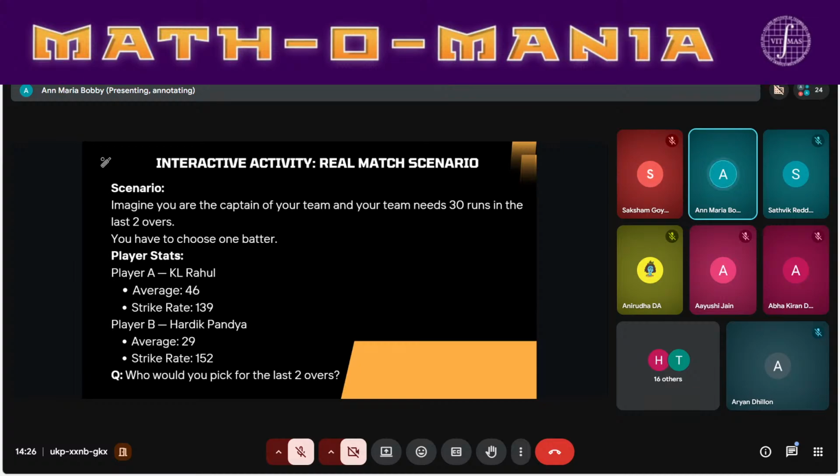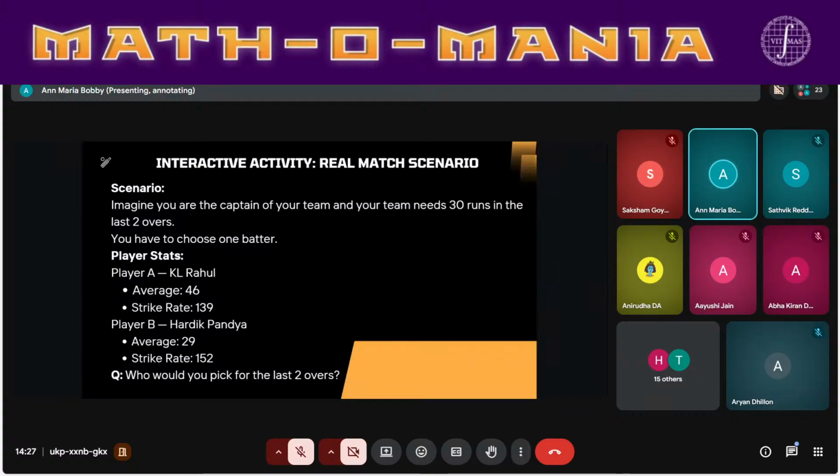So this is an interactive activity where maybe you can answer. Imagine the scenario where you are the captain of your team and your team needs 30 runs in the last 2 overs. You have to choose one batter. You have KL Rahul as your first player with an average of 46 runs and a strike rate of 139.